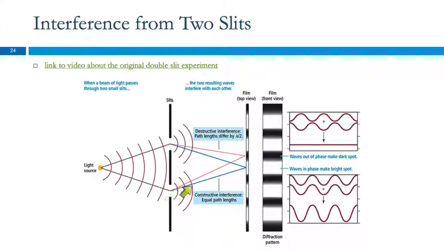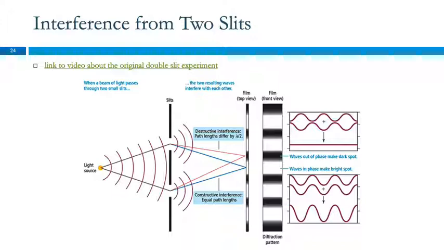And so now we have these two waves that are traveling out, and they have the same wavelength, and they're going to interact with each other in different ways. Sometimes they're going to overlap and constructively interfere, and sometimes they will destructively interfere. It depends on the difference in the path length. And so we'll see this sort of a pattern of stripes, light and dark.